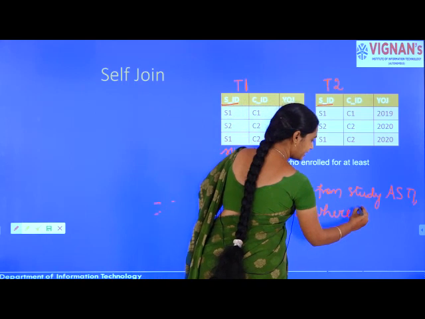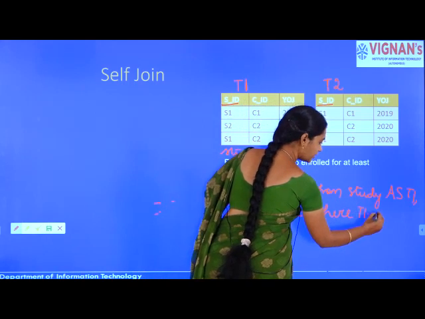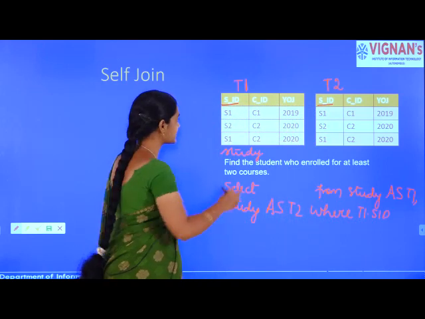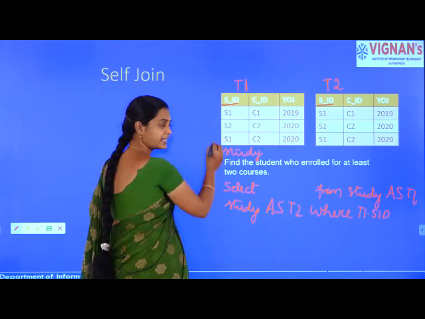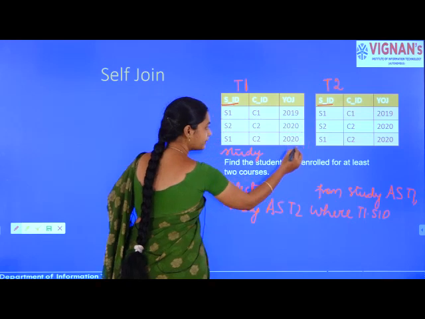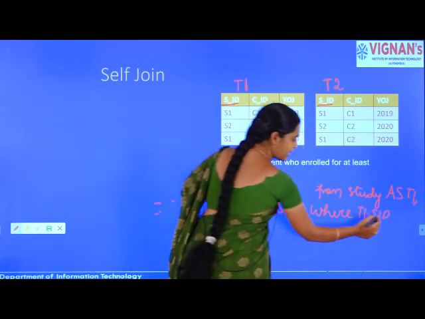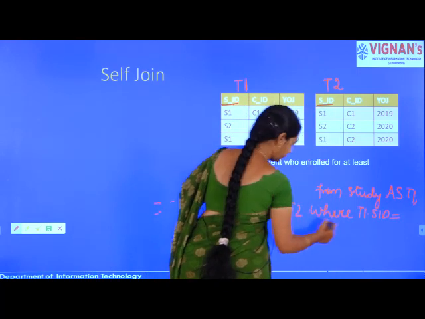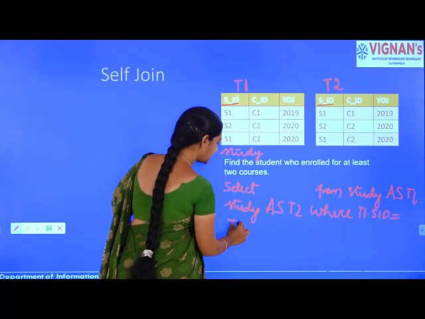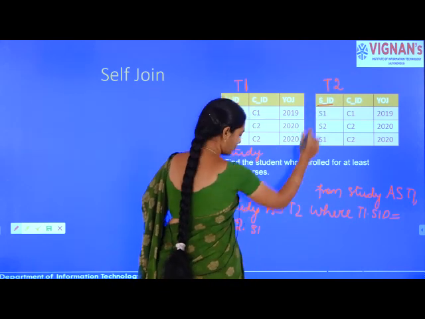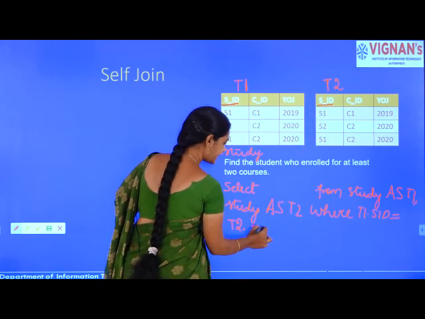So here I will write where T1 dot SID. What do you mean by this T1 dot SID? For the alias T1, SID must be equal to T2 dot SID.